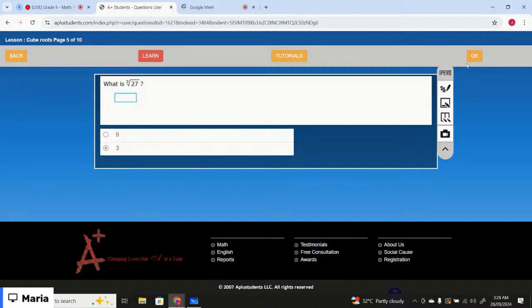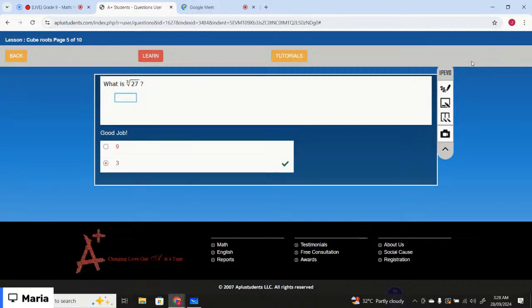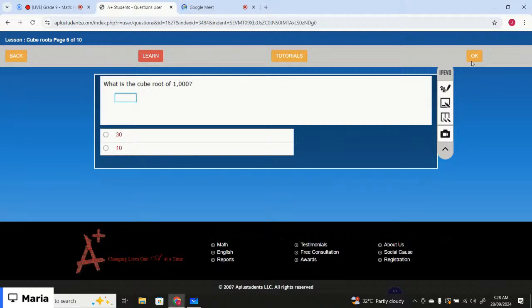Option number 2 is the correct option, right? Very good. What is the cube root of 1000, which is the correct option? That is 10 times 10 times 10. So the correct option is 10. Option number 2 is the correct option.